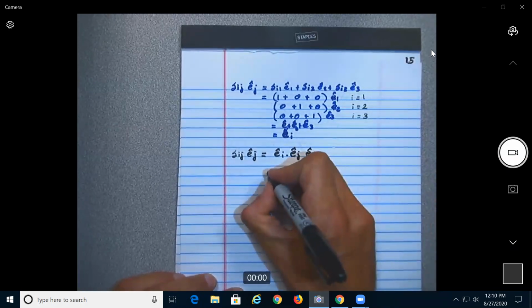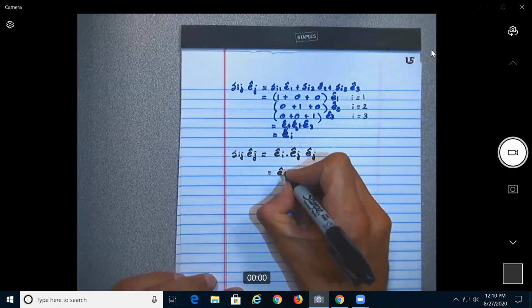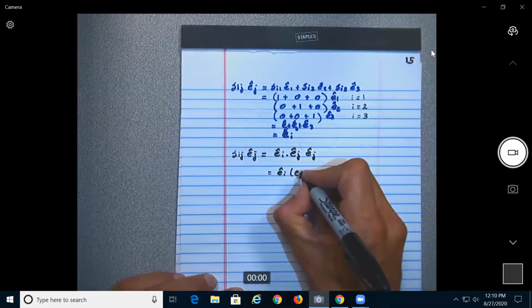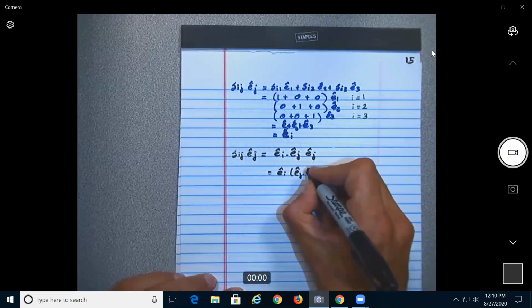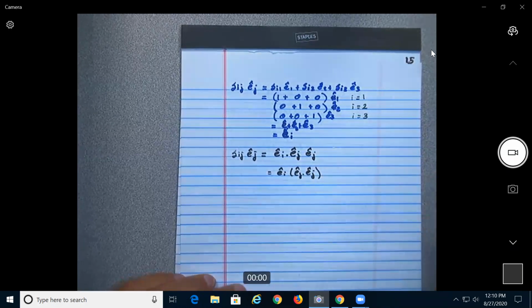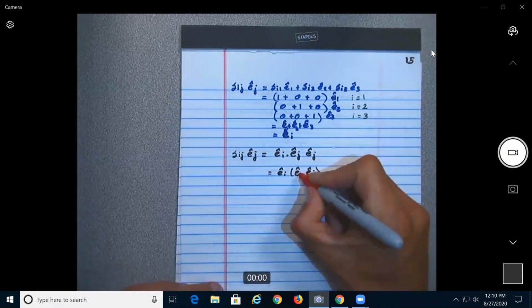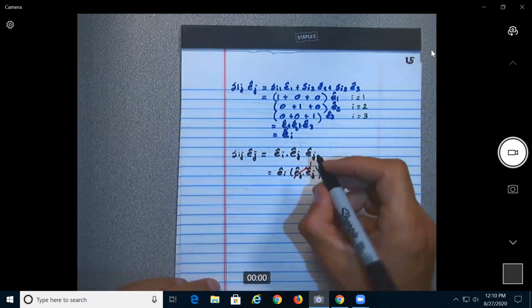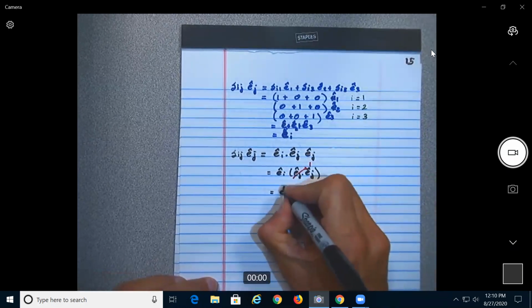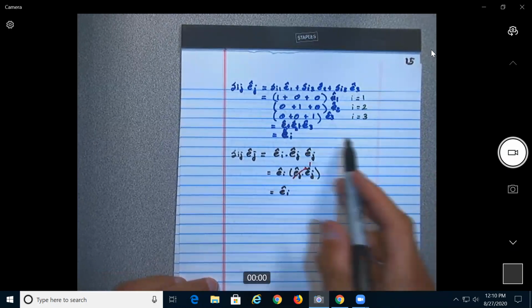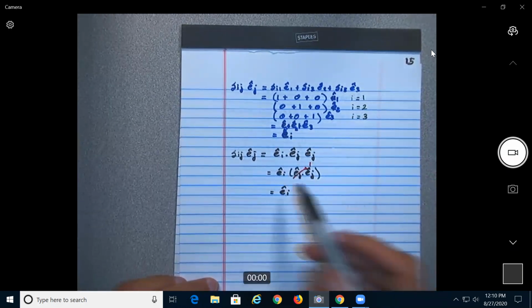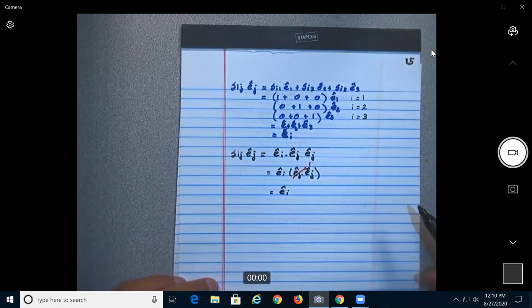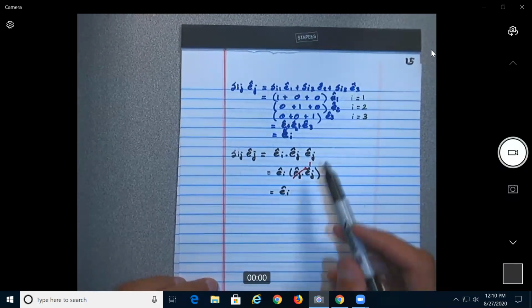You could write this as E_i, E_j dot E_j, which will be equal to 1. Yeah? Or this would just be equal to E_i, but E_i could be the same thing as E_j. Okay, so we'll get the same thing. Okay? So now we get E1, E2, E3.